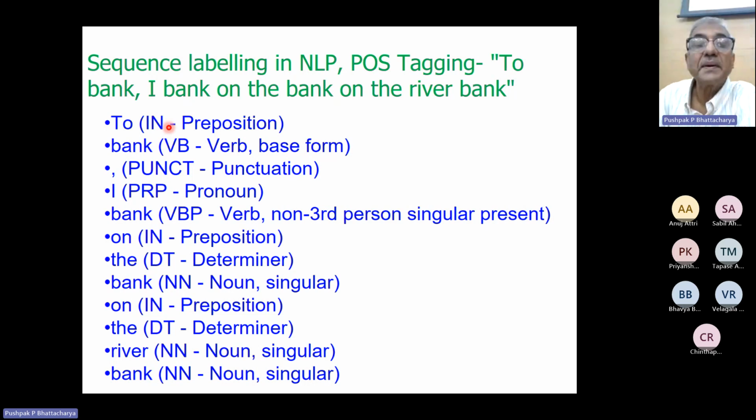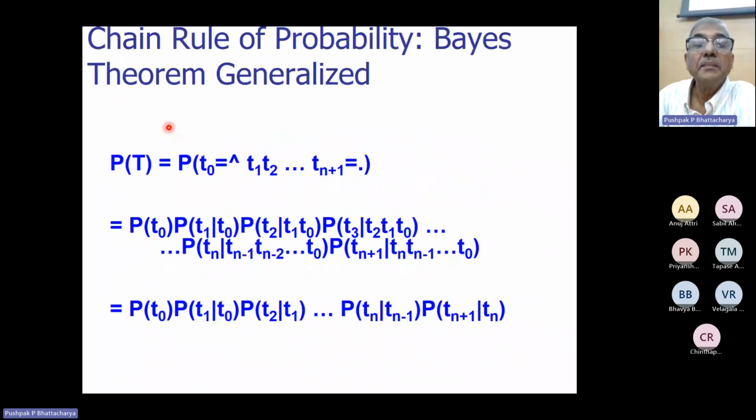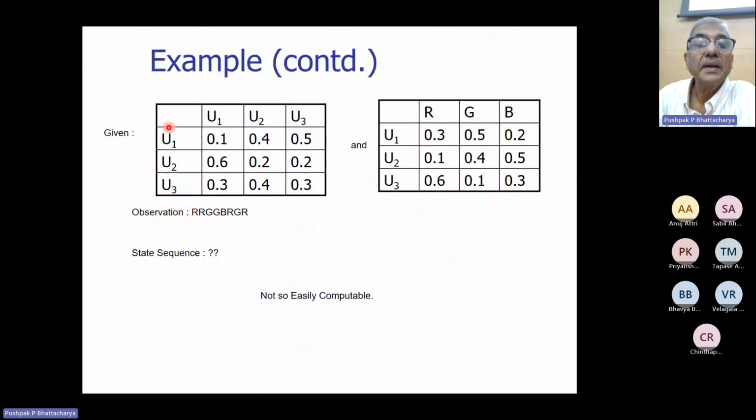So this particular problem is a representative problem for many practical real life examples. How do we get the probability of the hidden variables given the observation? That is the question. Let's see how to go about it.